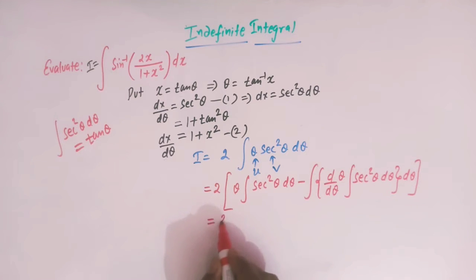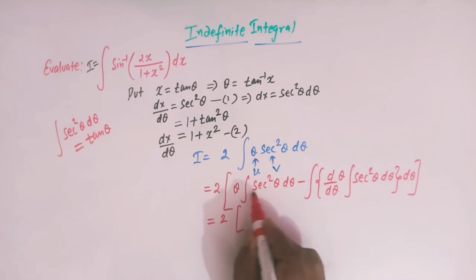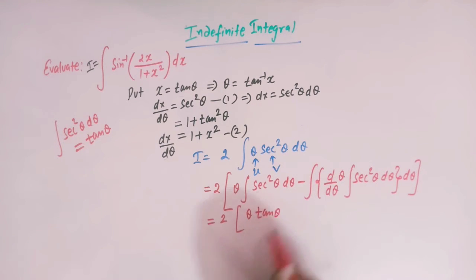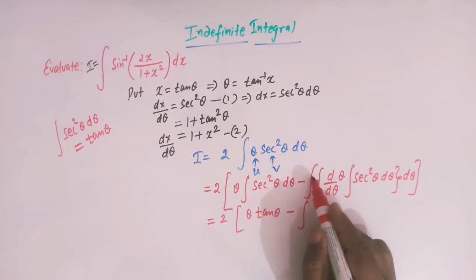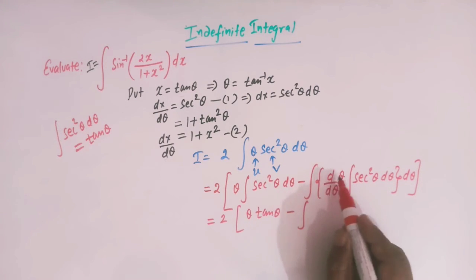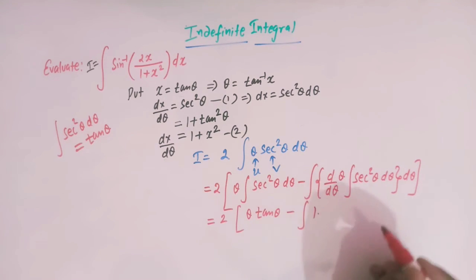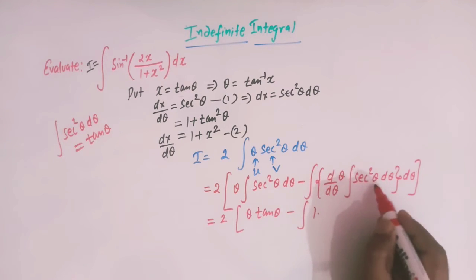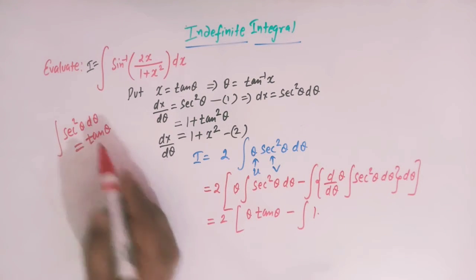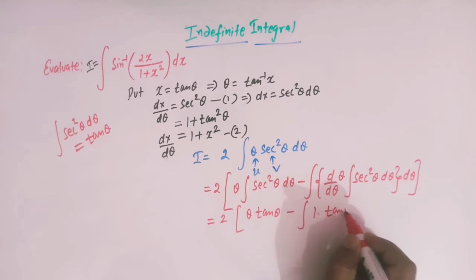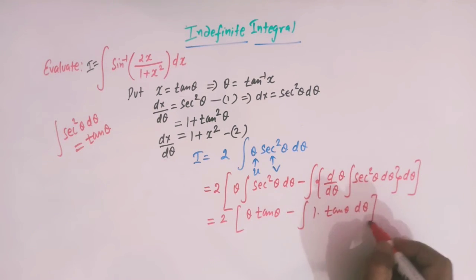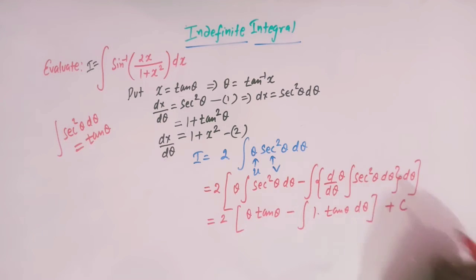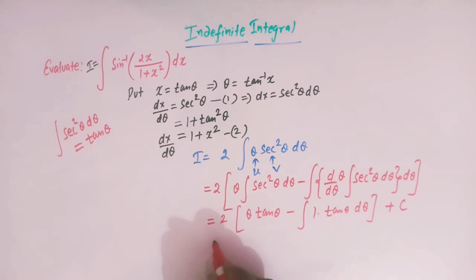So we have 2 times theta tan theta minus the integral of, the derivative of theta with respect to theta is 1, and the integral of secant square theta is tan theta, d theta, and we can have here the constant of integration.